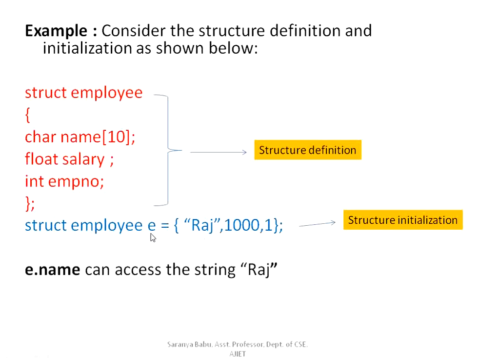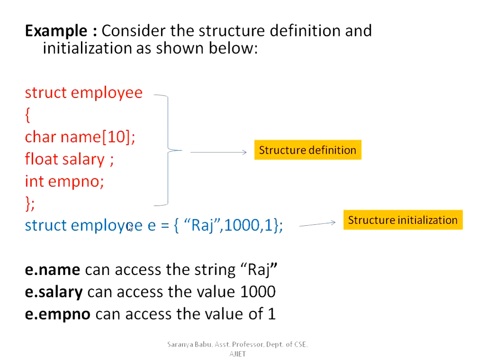Understood? Whenever you want to access the members, how will you use it? Structure variable dot member. If I write E dot name, it gives me the value Raj. If I want to know the salary of that employee, E dot salary. That will give you the salary.